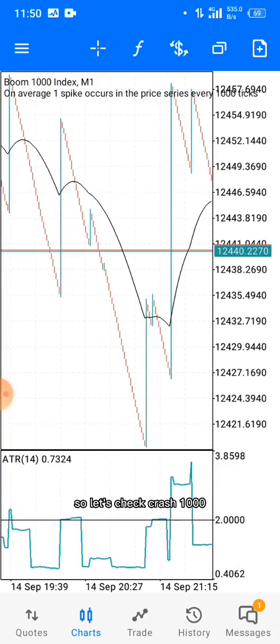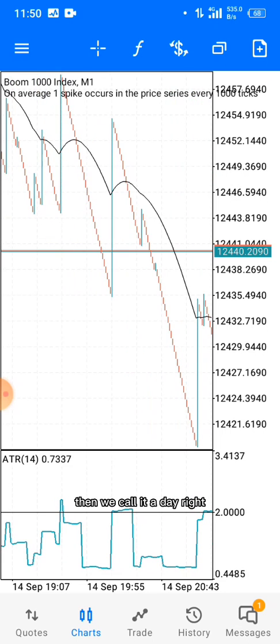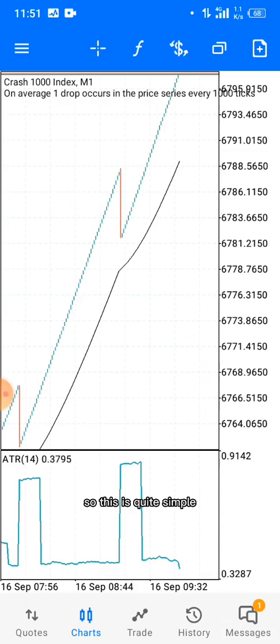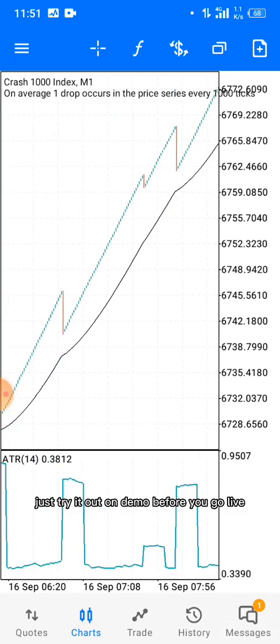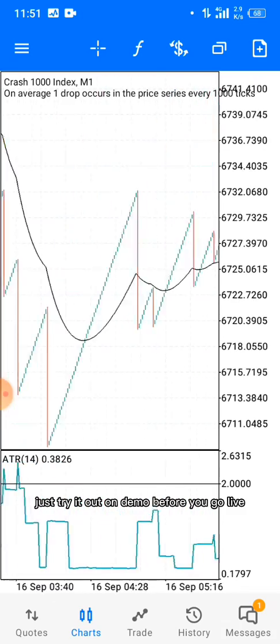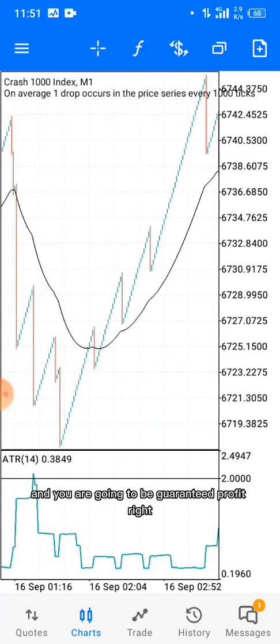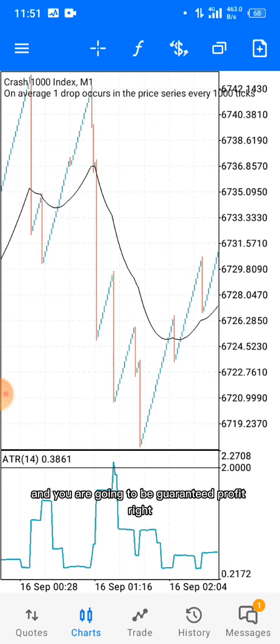So let's check Crash 1000, then we'll call it a day, right? This is quite simple. Just try it out on demo before you go live. Check the lot size that you are going to be using, and you are going to be guaranteed profit, right?